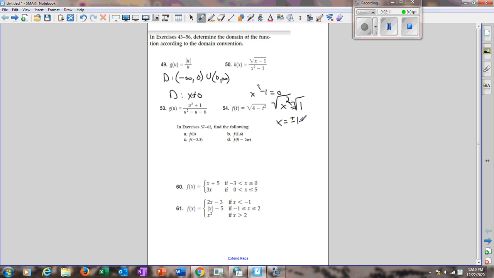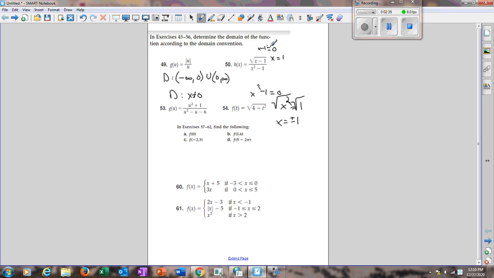So x can either be a positive 1 or a negative 1. If I look up top, I can't end up with a negative, so I can't have anything where x would be less than 1. So I can set this equal to 0 as well. x minus 1 equals 0, and x equals 1 is the first value that it can be allowed.